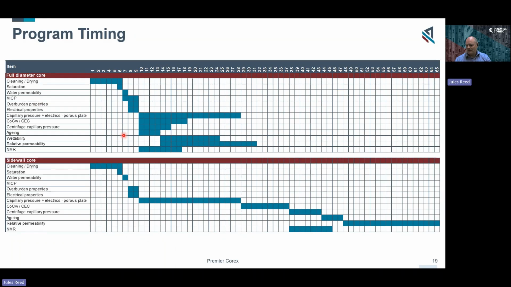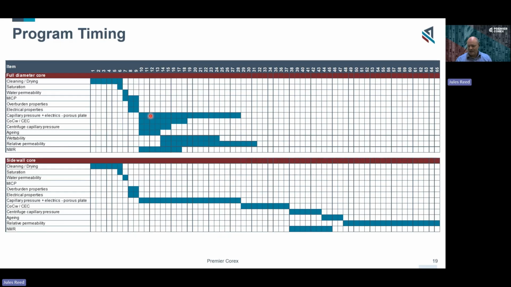What you can also do with a standard core analysis program is obtain samples from similar rock types and split them into different batches, because you've got 140 samples to handle if you've got 20 meters of core.